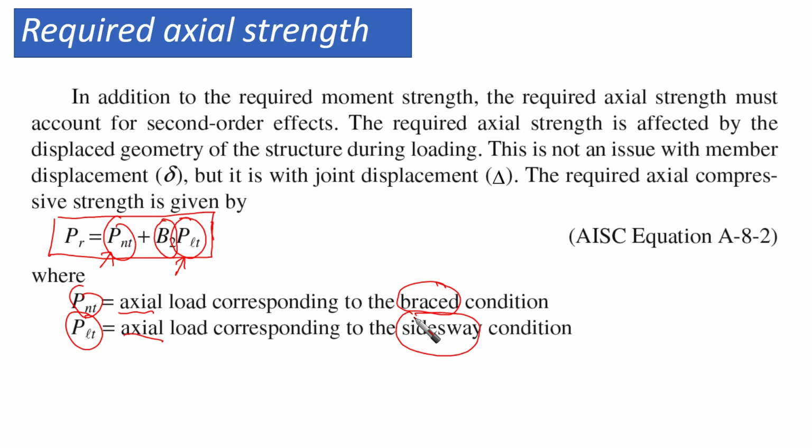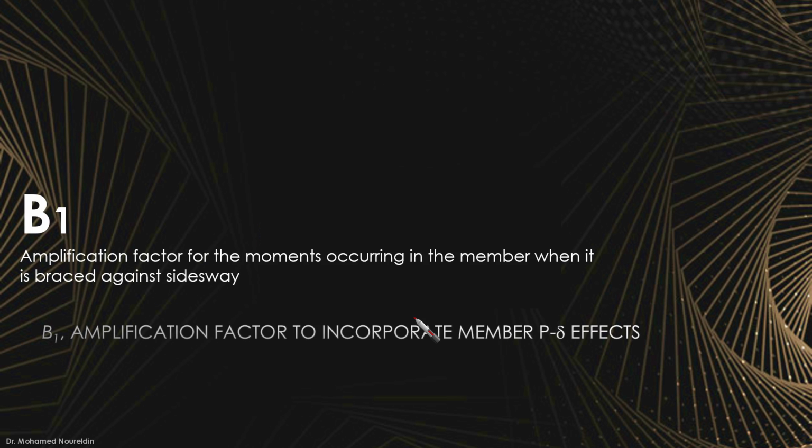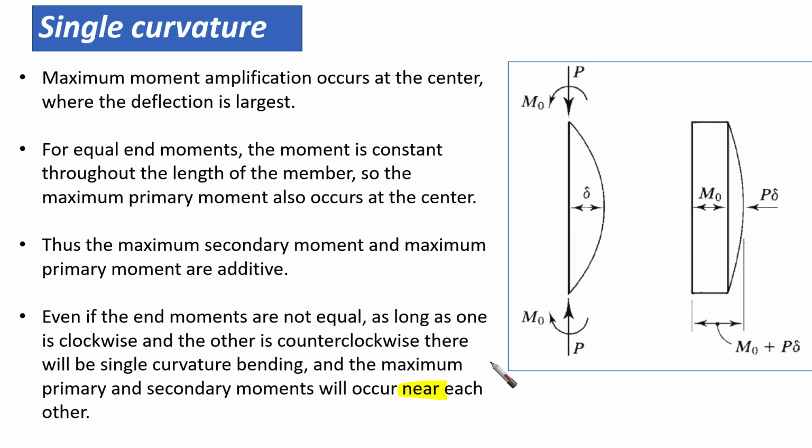Now let's go to B1, which is the amplification factor for the moments occurring in the member when it is braced against sidesway. As we said many times, it takes into consideration the P small delta effect.